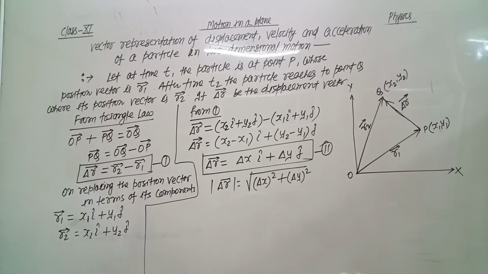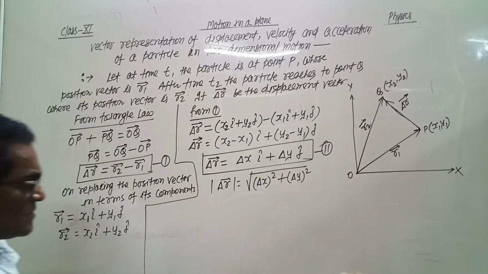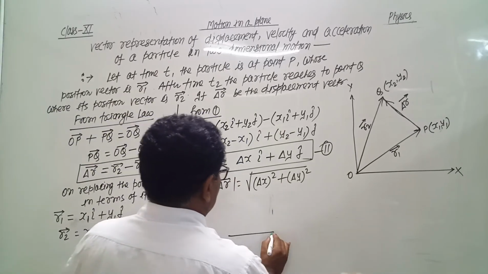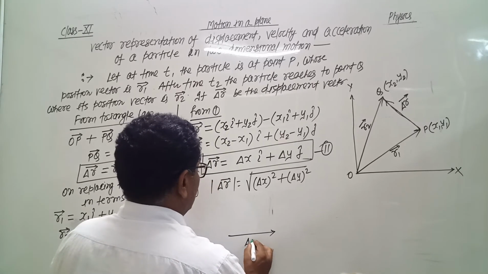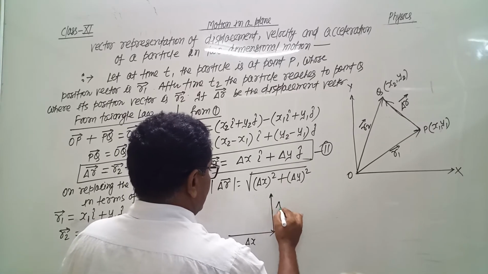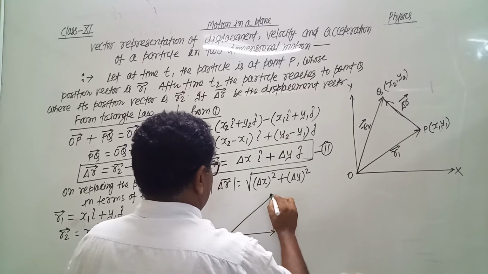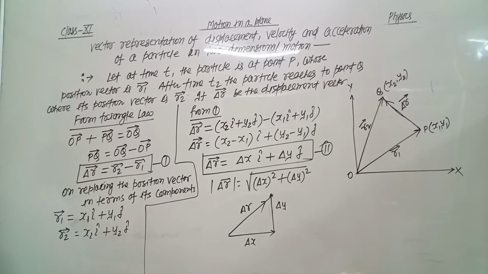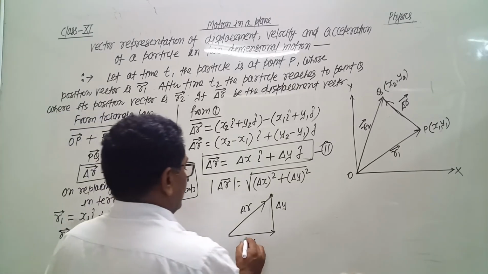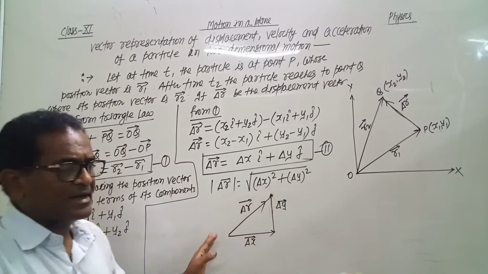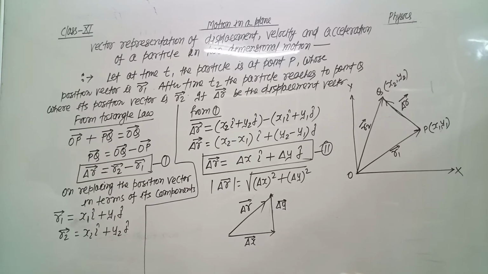This is the magnitude of delta r, and in a graph this can be represented as: this is delta x, this vector is delta y, and this is the displacement vector delta r. In vector form, we can write delta x vector, delta y vector, and this is the delta r vector.